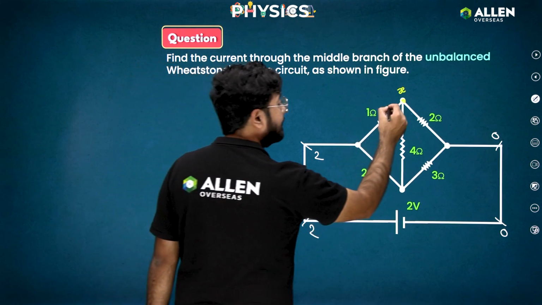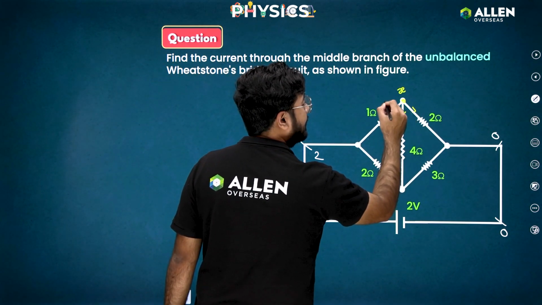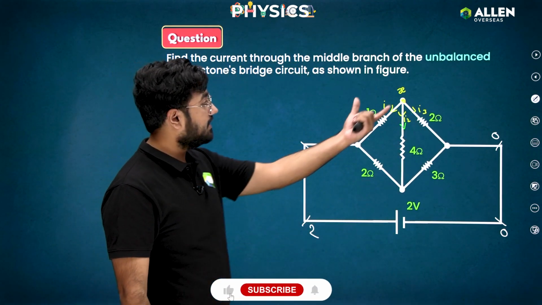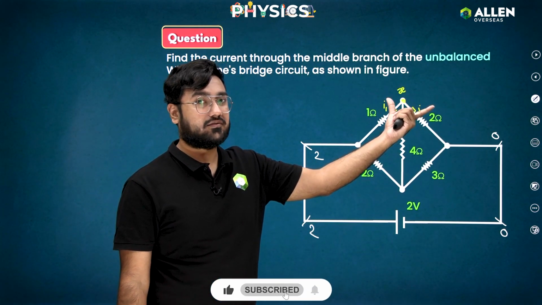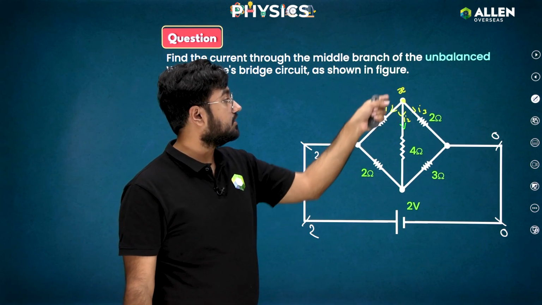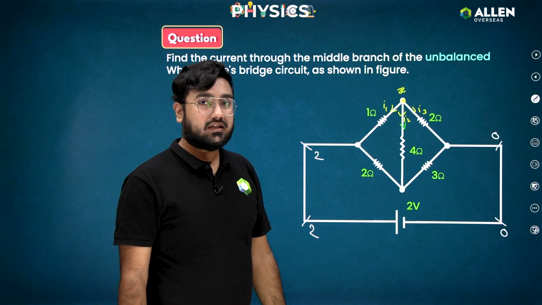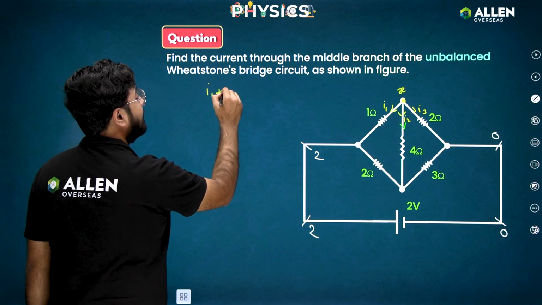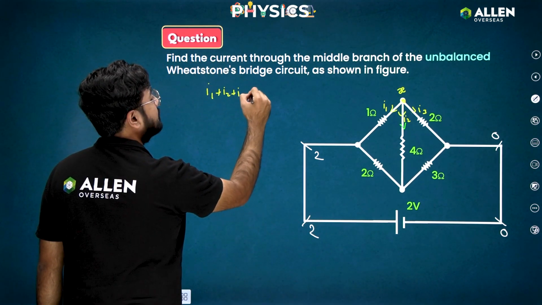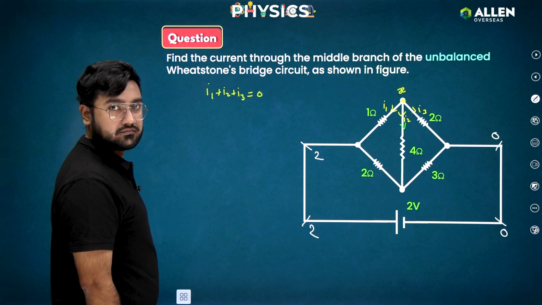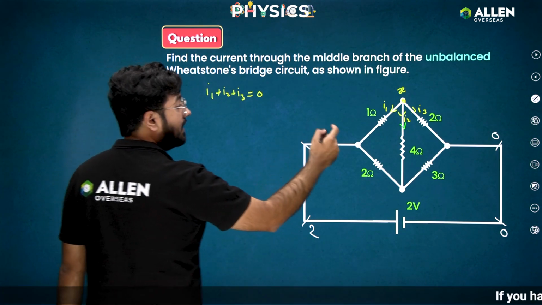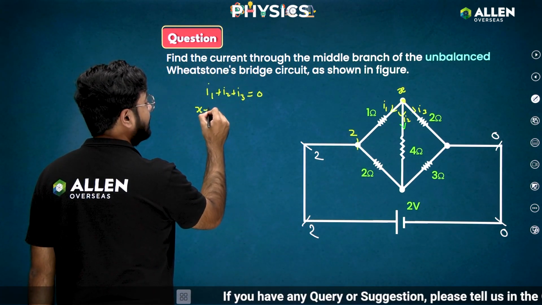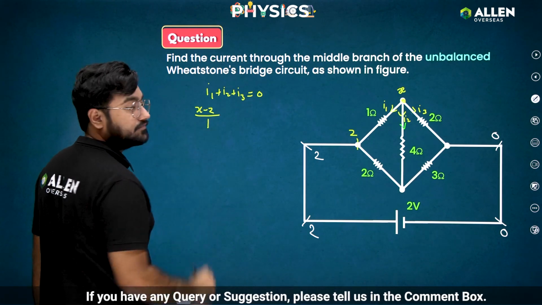So there will be 3 currents that will be going like this: I1, I2, I3. So if this is at the maximum potential, the highest potential of the circuit, I1 will go here, I2 will go here, I3 will go here, right? So from KCL, I1 plus I2 plus I3 is equal to 0. Agreed? Yeah. What is I1? Potential of this point is 2, right? So this will be x minus 2 over 1.